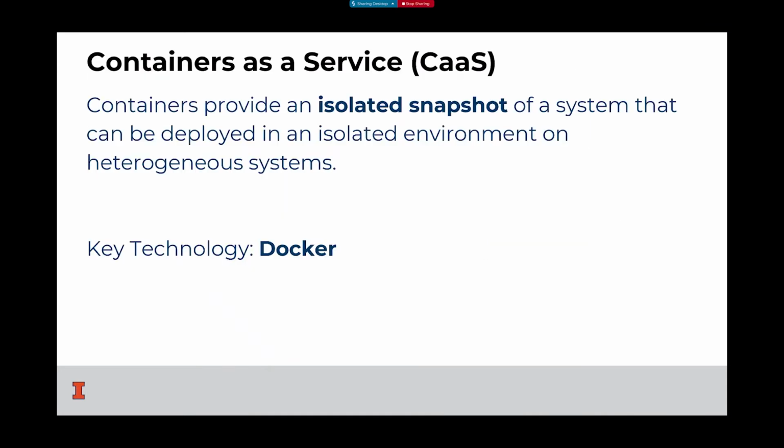So where we left off yesterday, the last thing we said was that containers basically provide an isolated snapshot of the exact state of a system at a given point in time.